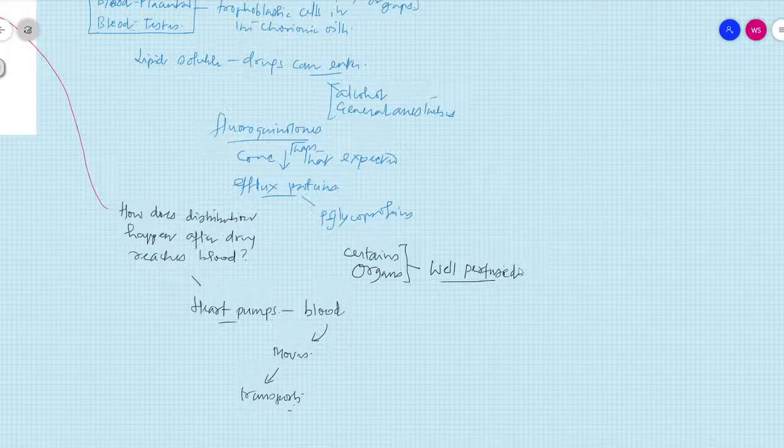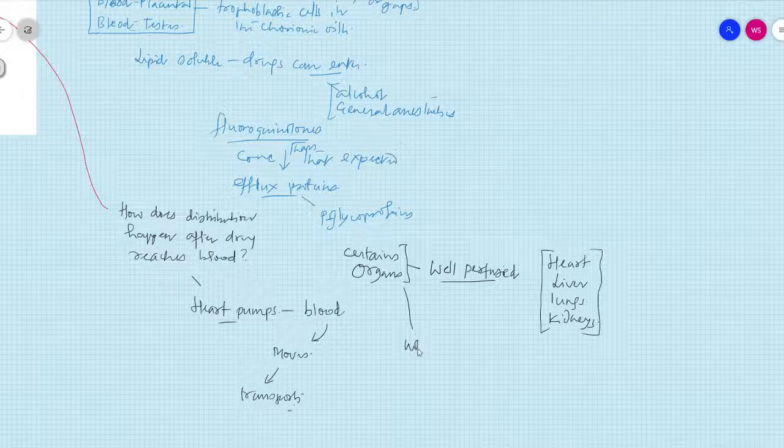Can we have examples? Yes, the heart, the liver, the lungs and the kidneys. They are well perfused, meaning whatever reaches the blood reaches these organs very fast. And there are certain organs that are not well perfused, for example fatty tissues and bone.